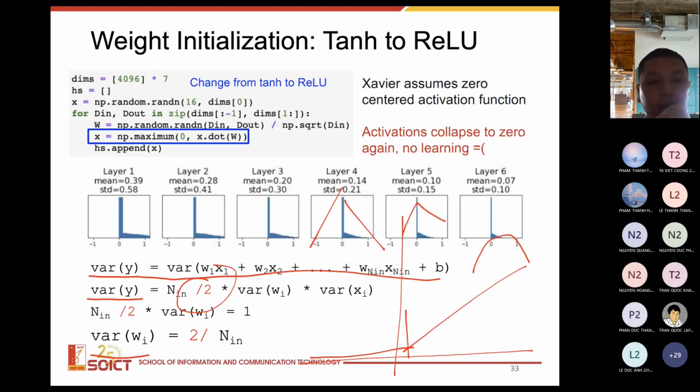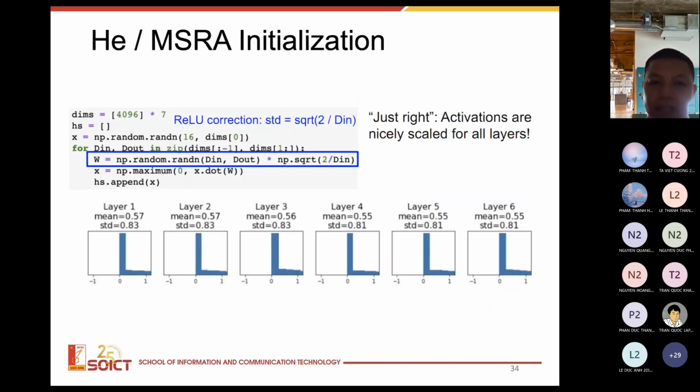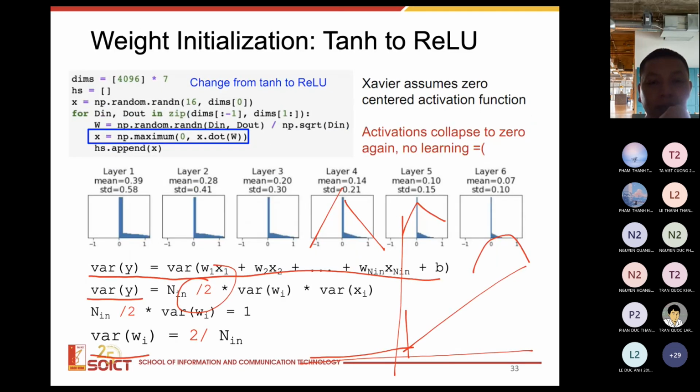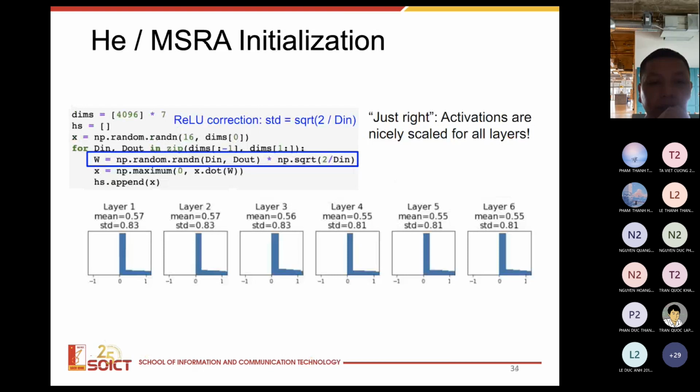This is for another initialization scheme. It's called He or MSRA initialization, and in this case you initialize with this standard deviation.